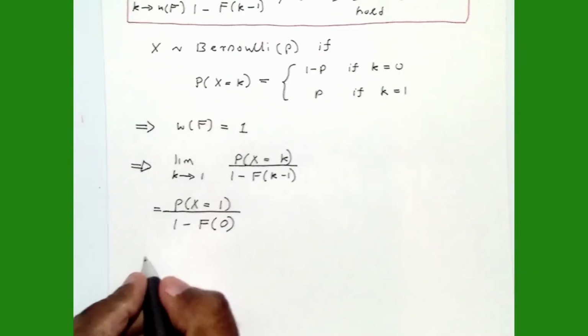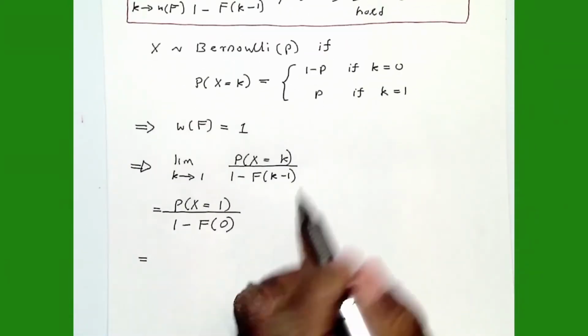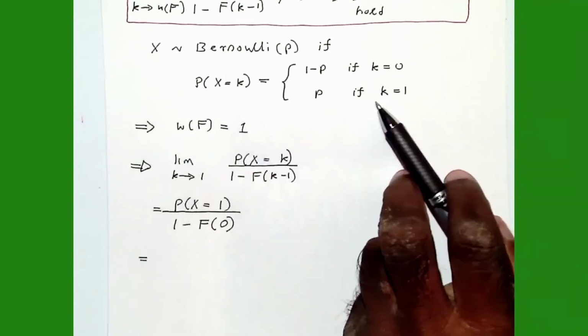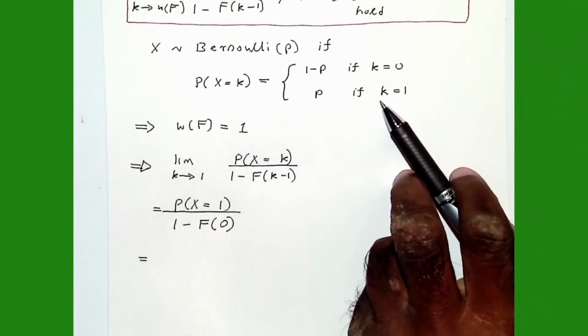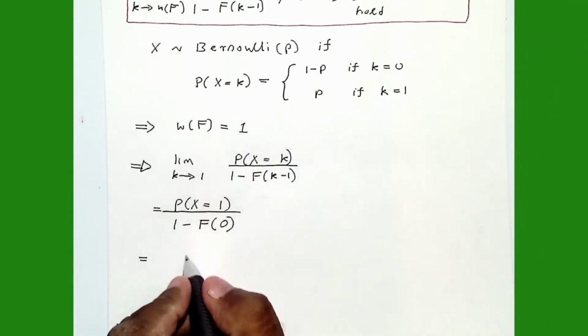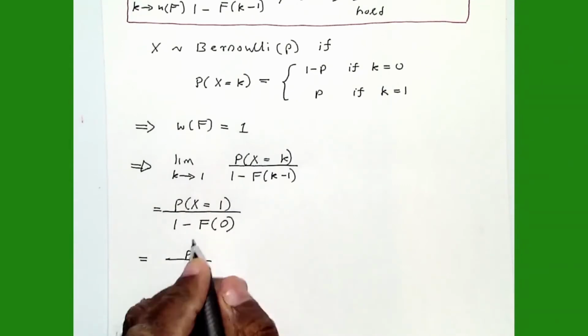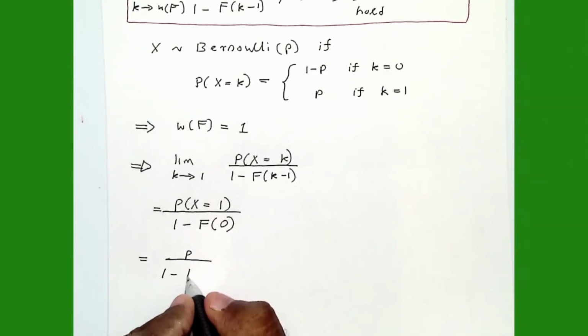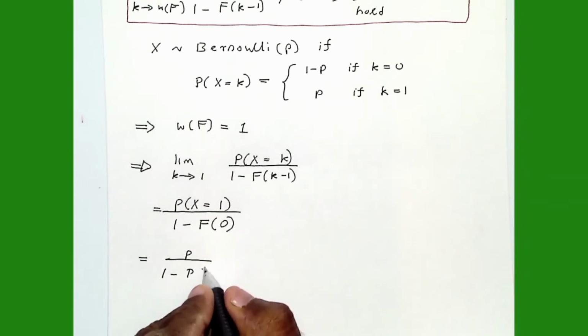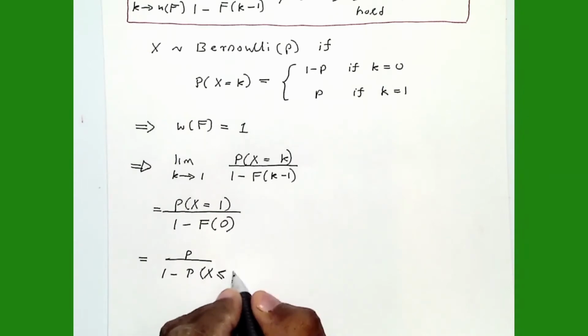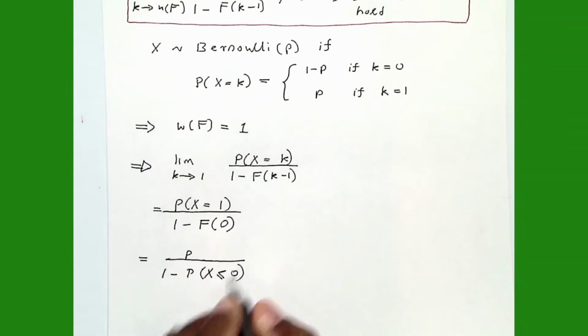Now, the probability x equals 1, from this statement, we know is equal to p. And 1 minus f at 0 is simply 1 minus the probability that x is less than or equal to 0.